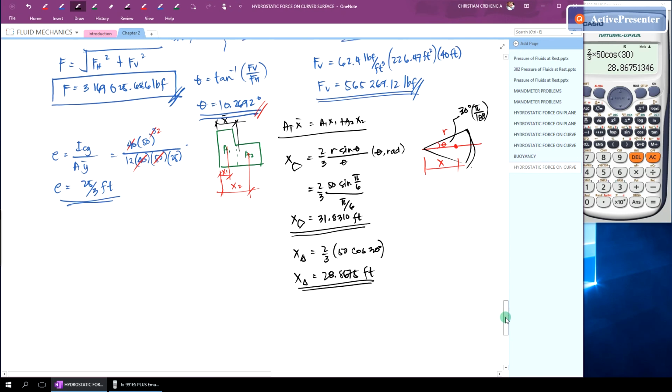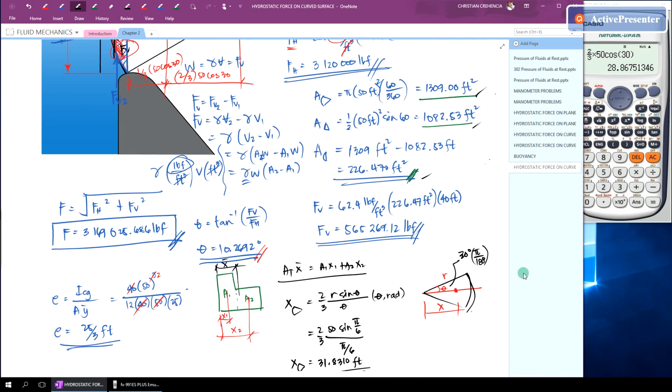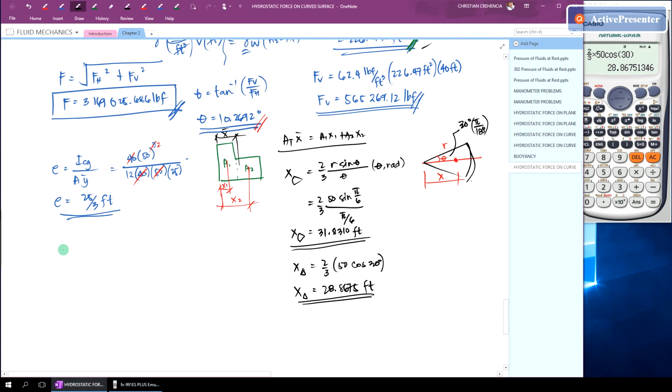Since that is the actual centroid distance we are looking for, let's call it x bar. From this equation, the total area, or the area of the sector, is 1309 square feet multiplied by its distance to the centroid from point O, which is 31.8310 feet.